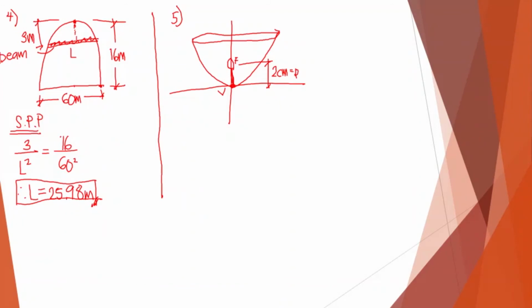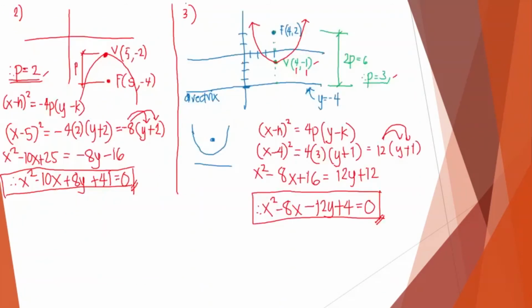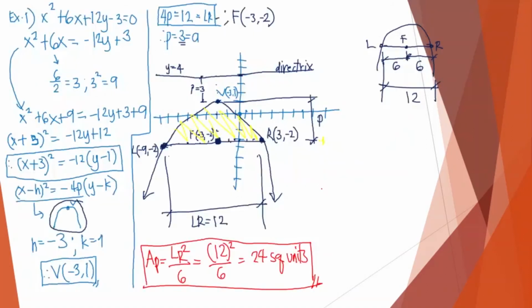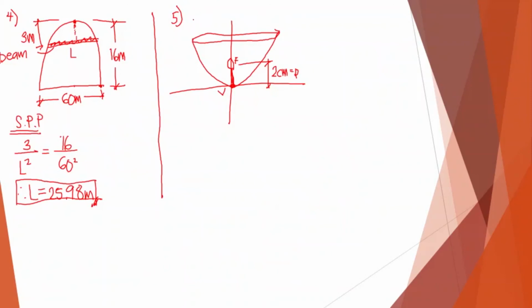Knowing that the bulb center is 2 cm from the vertex, the radius of the base of the headlight reflector is 10 cm. Take note, this is a radius, so you have 10 cm. Then we are tasked to determine this one.